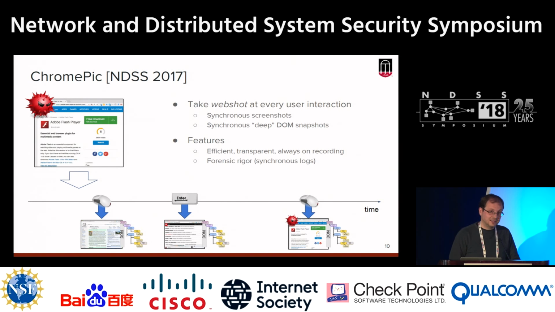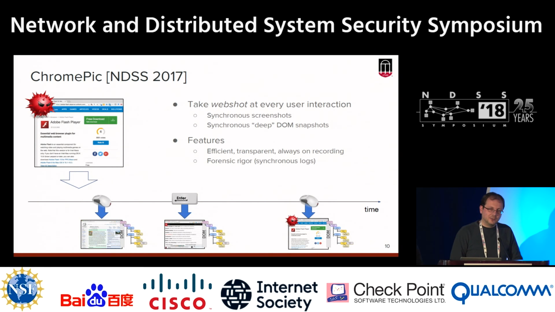This is taken synchronously with the user input, so that there is a guarantee that no JavaScript can alter the page before we log what actually happened. And we also similarly take a deep DOM snapshot to have a representation of the state of the page.